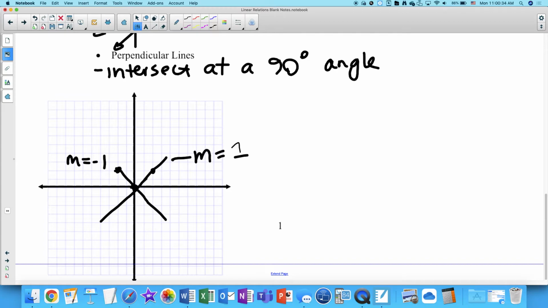So this is one thing that we can notice. If you think about perpendicular lines, they have to slant in opposite directions. So what does that mean about the value of their slope? If one of them slants up towards the right and one slants down towards the right, they're going to have opposite signs. Okay, so that's one thing we need to know.